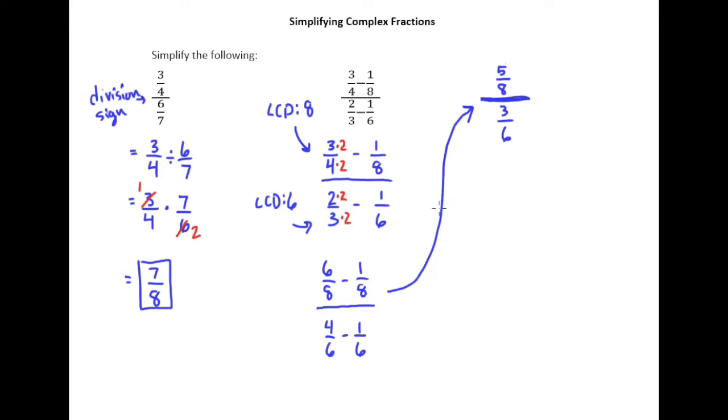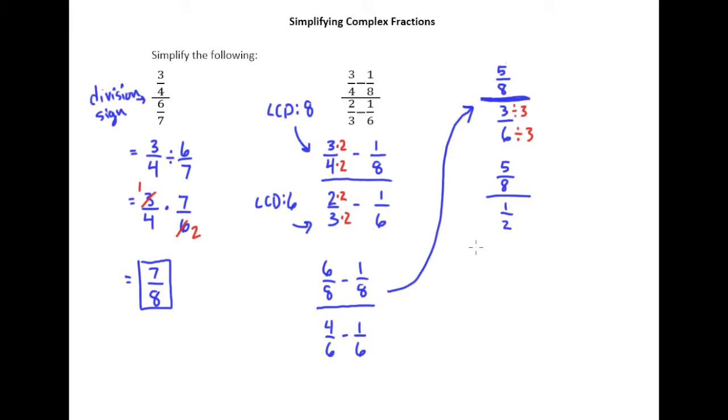Alright, so we're pretty much where we were in the first example, but I would say that it's a good idea, if you notice that one of your fractions can be reduced, go ahead and do that. Make life a little bit easier. And so we'll rewrite that as 5/8 over 1/2.